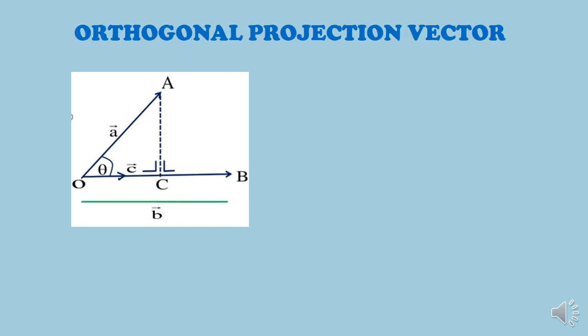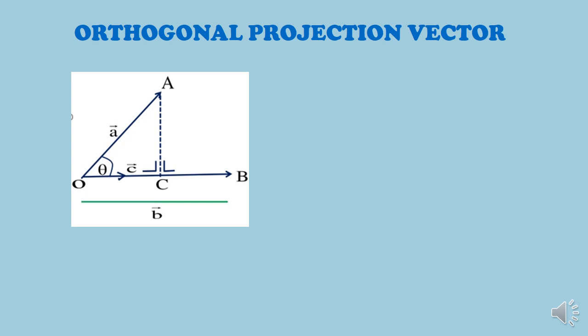Orthogonal projection vector. Now, in the previous slide, we learned how to find the length of projection vector. Here, we will learn how to find the vector itself, the projection vector.